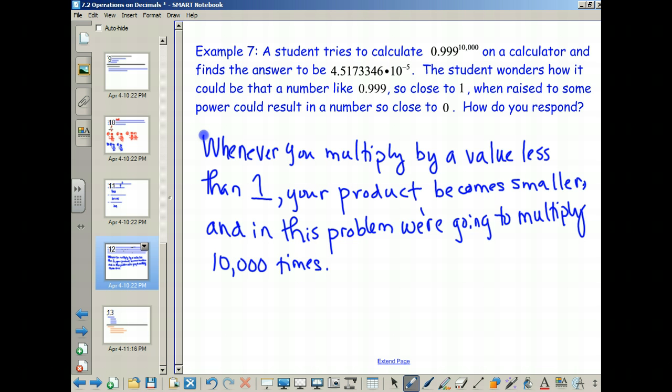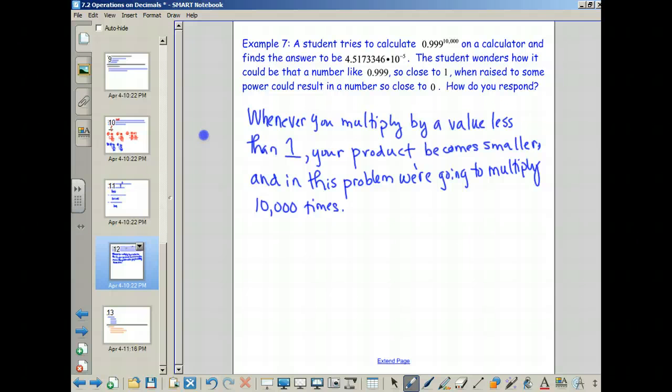And one of the things you can consider, and I'm going to write the gist of what you could do. You don't have to actually do this with me, but if you were to take your calculator and do 0.999 and square it, okay? It's going to get smaller, first of all, right? It's not going to get smaller very fast. This is not going to be dreadfully smaller.